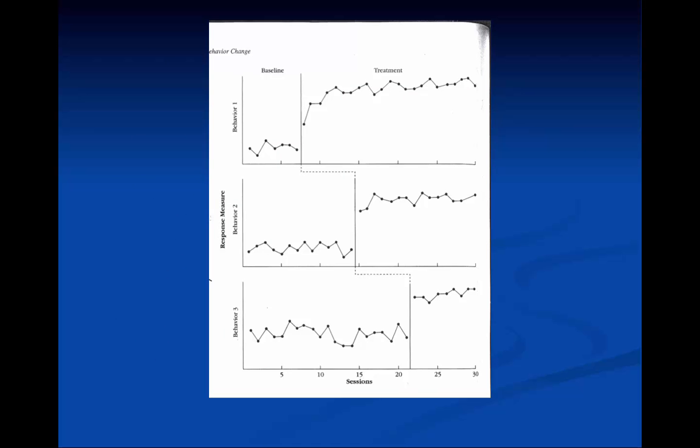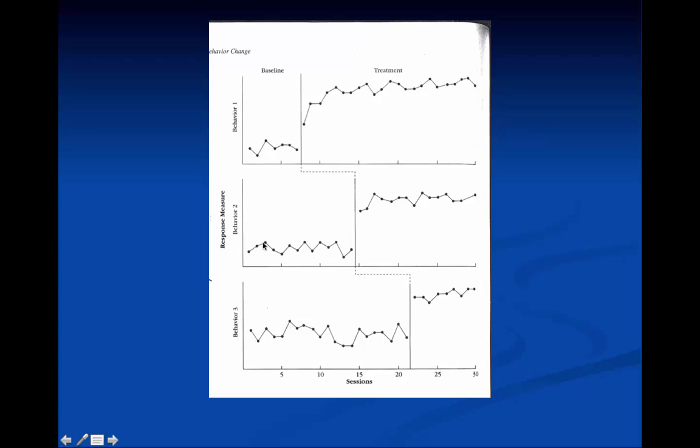So really, a multiple baseline appears visually as a series of A-B designs stacked on top of each other. In this case, this is a multiple baseline across behaviors. These aren't marked, but let's say these are academic behaviors.